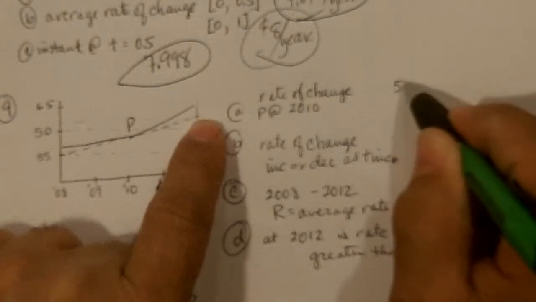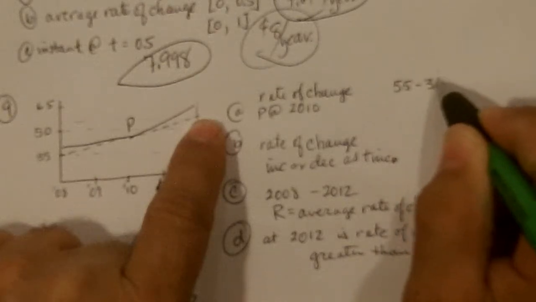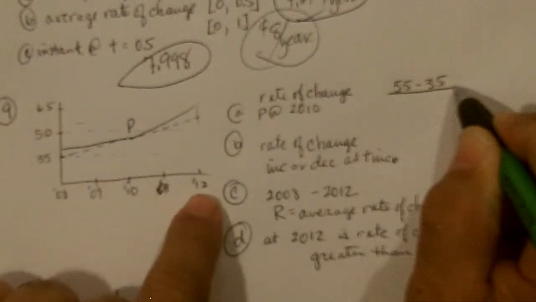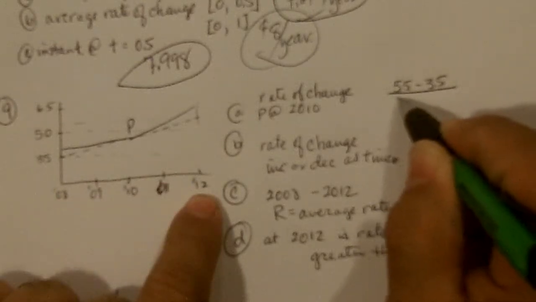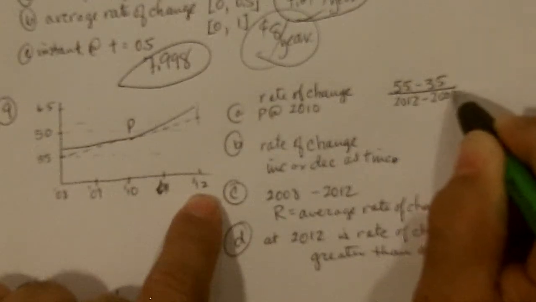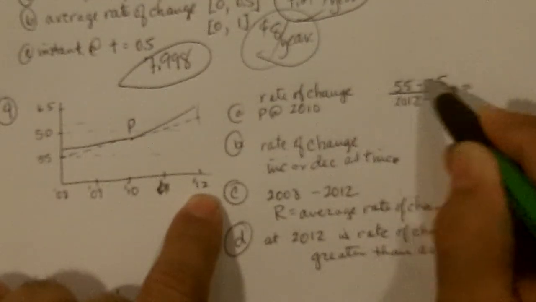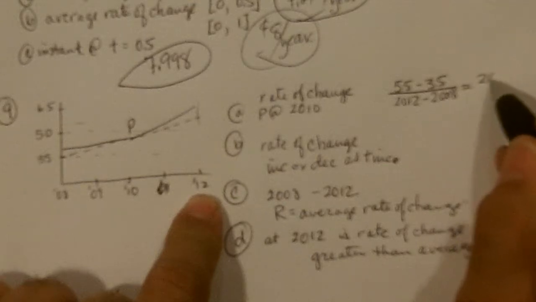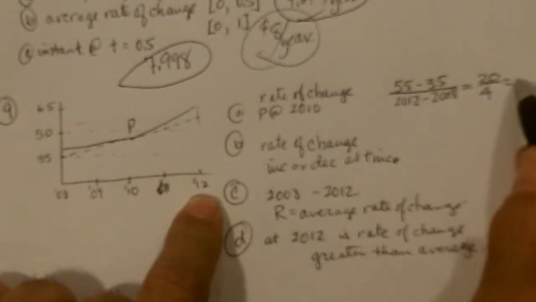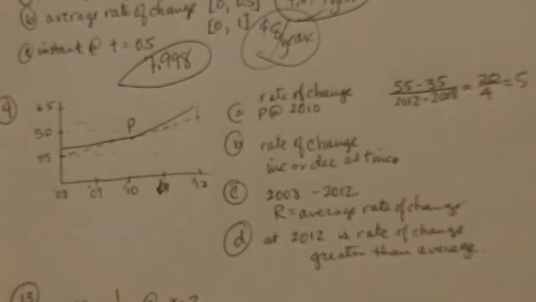So I'm going to go 55 minus 35 over 2012 minus 2008. So that's 20 divided by 4 years, or 5 per year.